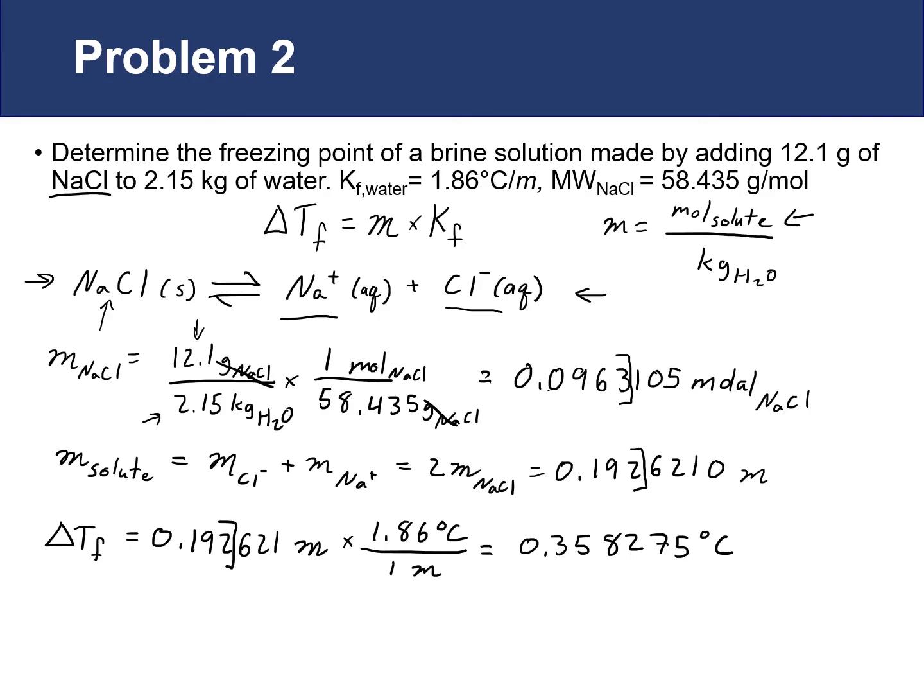In terms of significant figures, our end answer will have 3 significant figures. So this here would be the amount that our freezing point decreases by. If we were looking at boiling point elevation, the temperature would be going up by that amount. But because we're talking about freezing point, the temperature goes down.